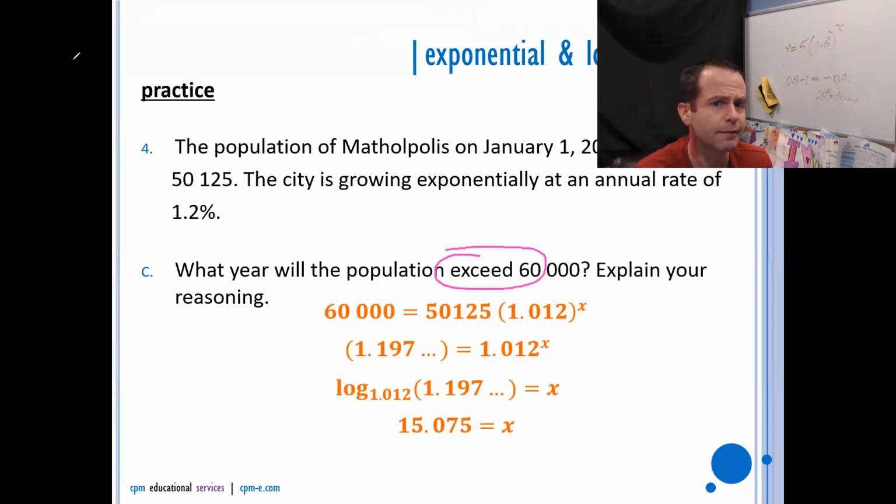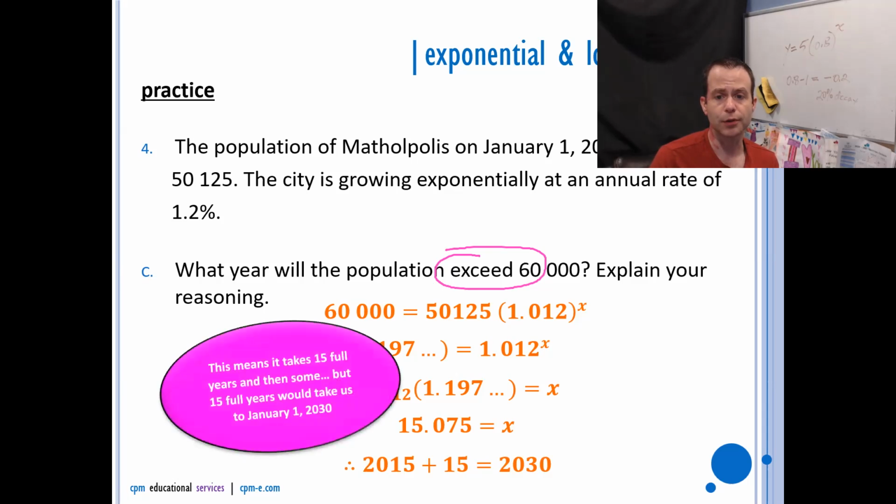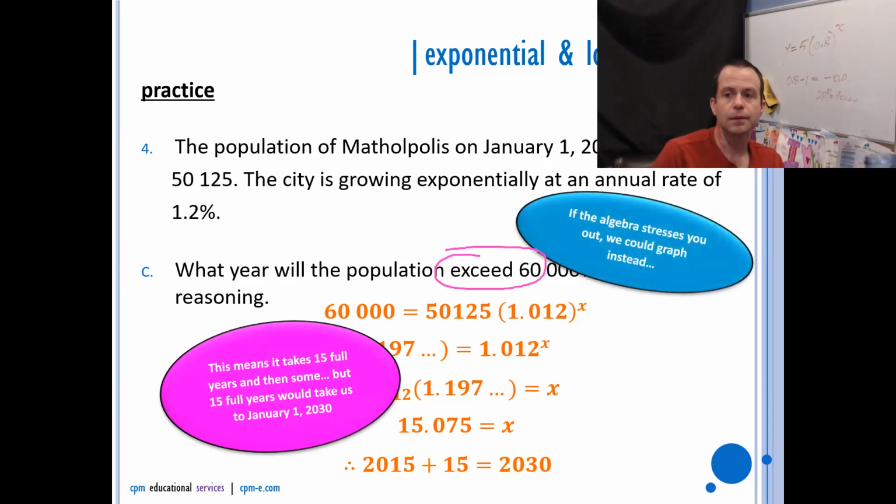It's 0.75 of a year. So in what year? Well, 2015 plus 15 puts me to 2030. In 2030, it'll take 15 years and then some, but 15 full years would take us to January 1st, 2030. So that then some would still happen in 2030.